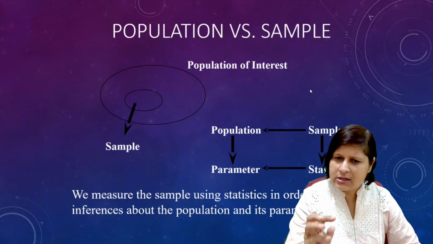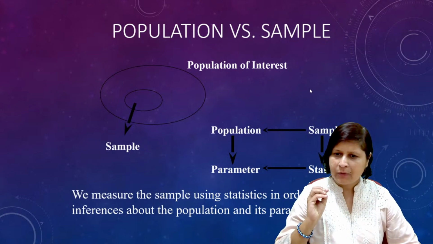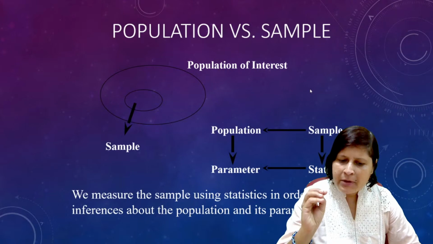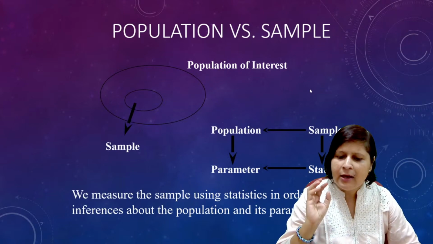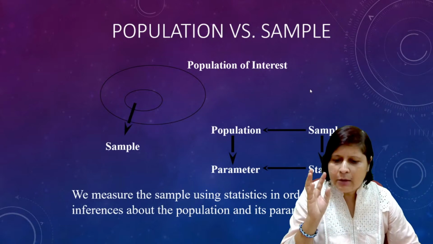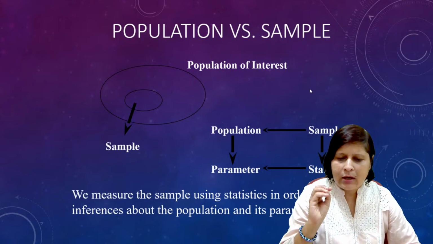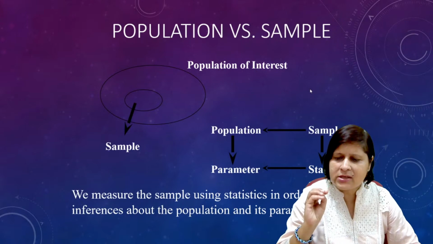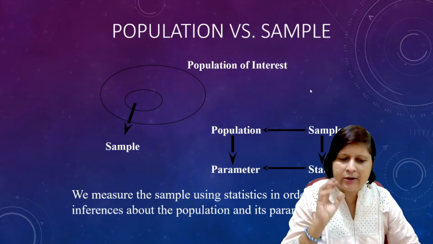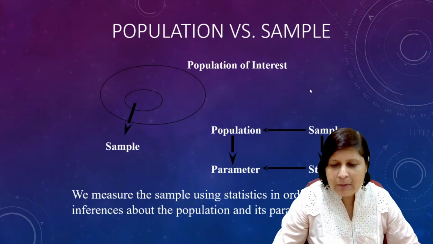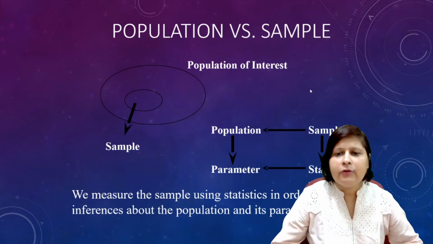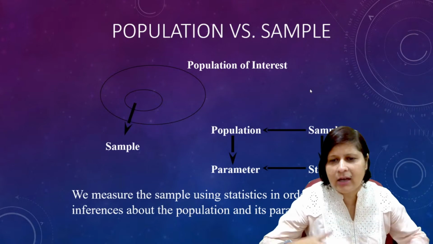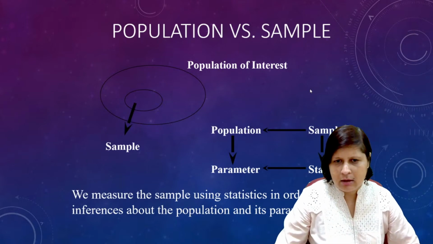We select the sample from the population. We measure the sample using statistics, so that we can draw the inference about the population and its parameters, so that we can generalize our results, so that we can know about that population.